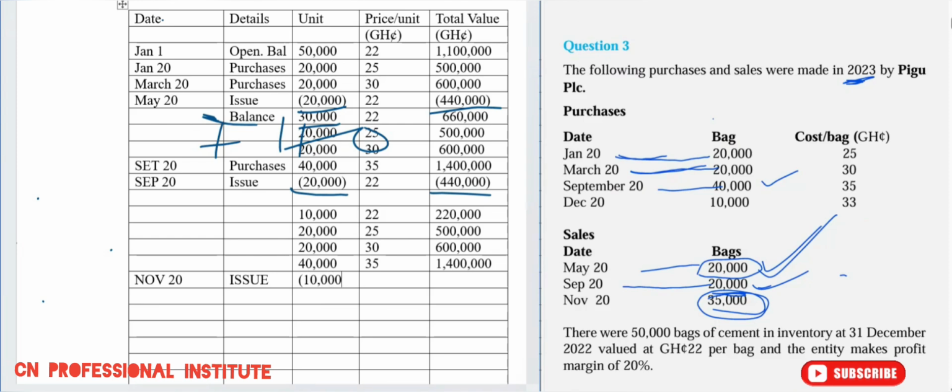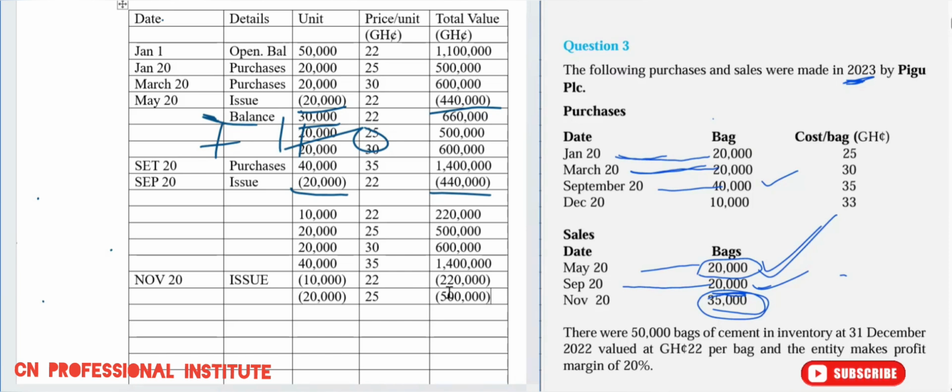We'll sell 10,000 at 22, which will give us 220,000. And then we sell the next one, the 20 at 25, and that will give us 500,000.